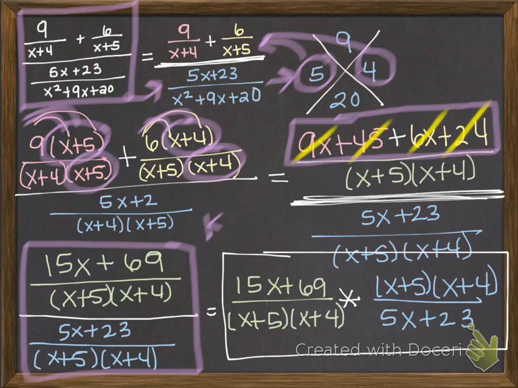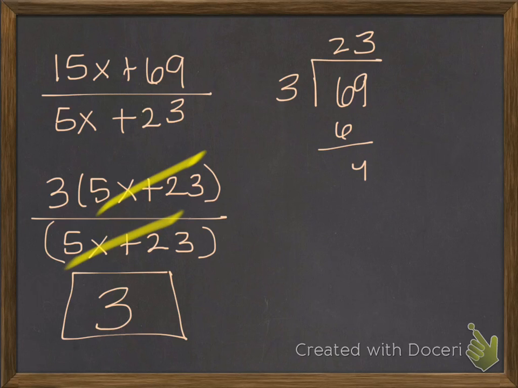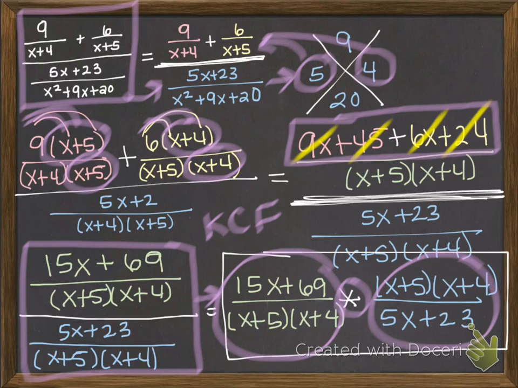And then we did our keep, change, flip to get to this step. Keep the numerator, change division to multiplication, and then flip over the denominator. On the next page, we took that simplified denominator because this and this canceled, leaving us only with this green part and this blue part.